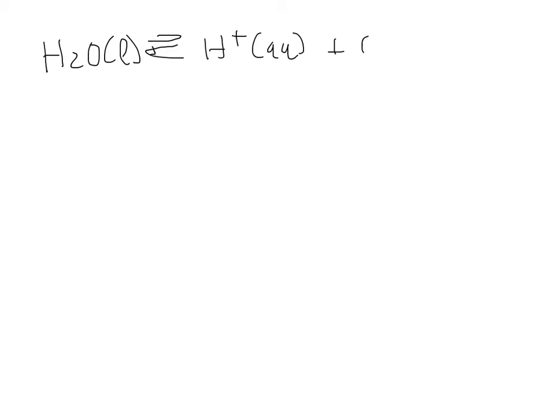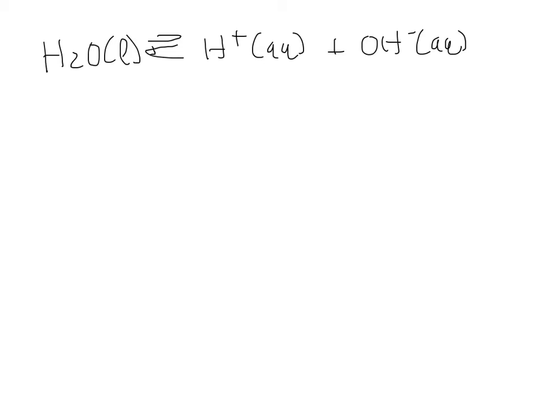This problem says that water ionizes by the equation H2O liquid yields H plus aqueous plus OH minus aqueous. Just like we did in the first test with chemical equilibrium, we have to create the constant expression for this.